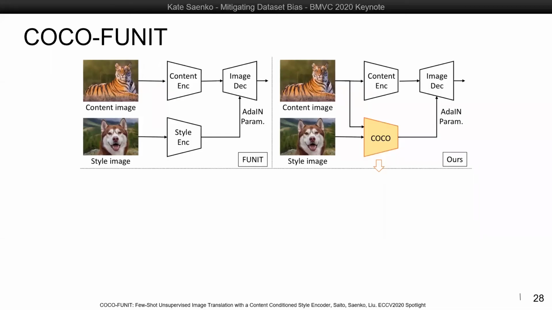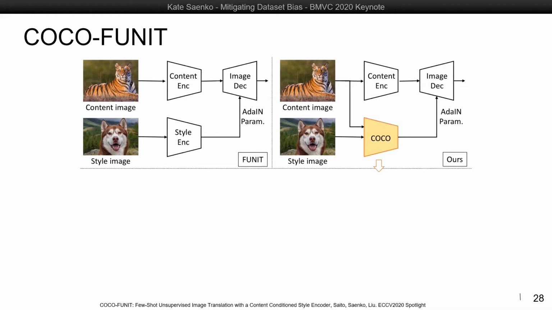And actually, the difference between FUNIT and our model is primarily in the way that we encode the style. So in both methods, the inputs are a content and style image, and they're fed into a content encoder and a style encoder, and then the style is captured in some parameters that are fed into an image decoder along with the content code to generate the output image.